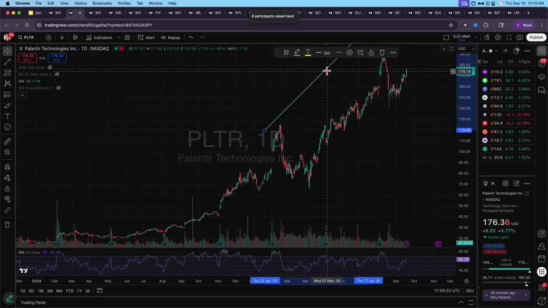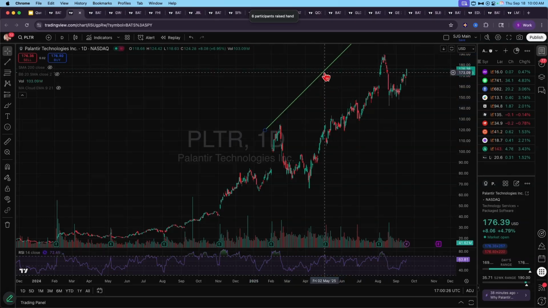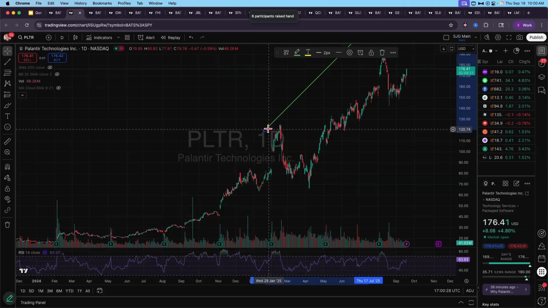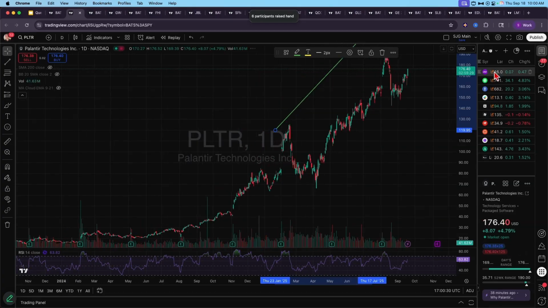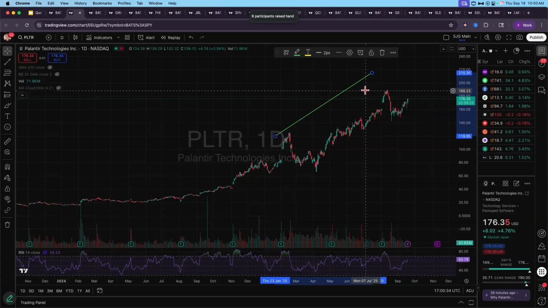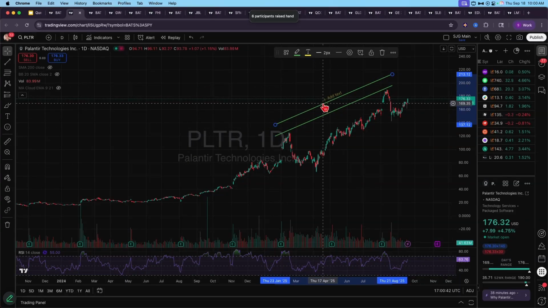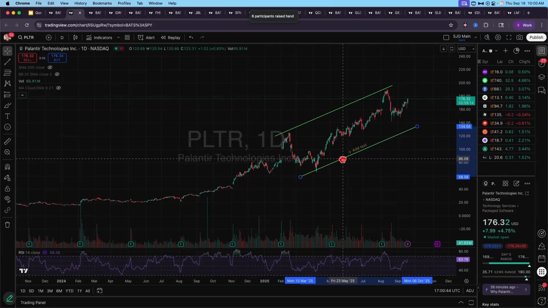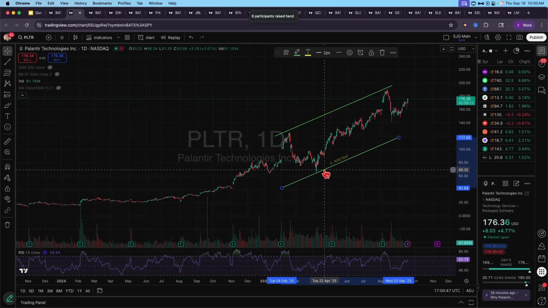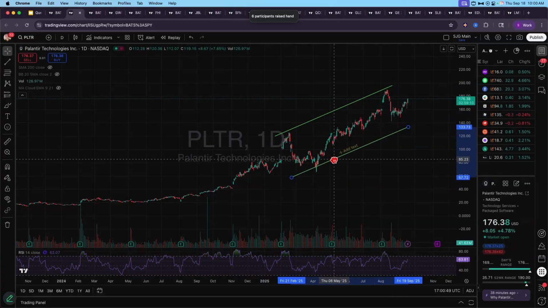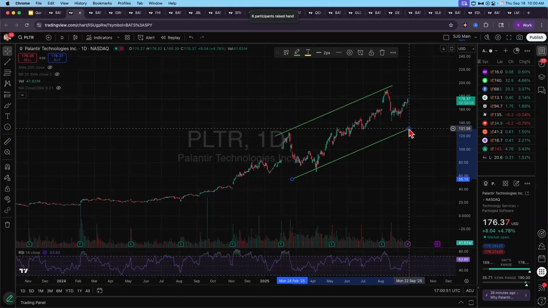I'm not using it here, and I don't normally come in and draw all these, so I'm a little rusty at that part. But basically, I'm looking at a channel that kind of looks like this. And then I can make a parallel to that one and see what the bottom half of that thing looks like. So it is forming a bit of what I would call a wedge pattern to the upside.